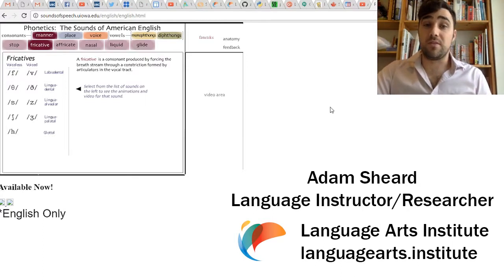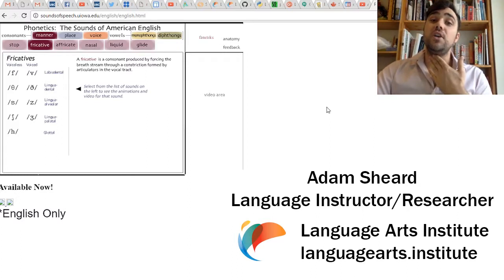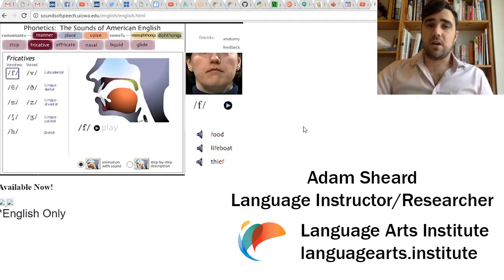The second one, we have the voiced. And we know it's voiced because if you put your hand right here, you can feel the vibration. Okay? So, let's talk a little bit about these sounds. Repeat after me.